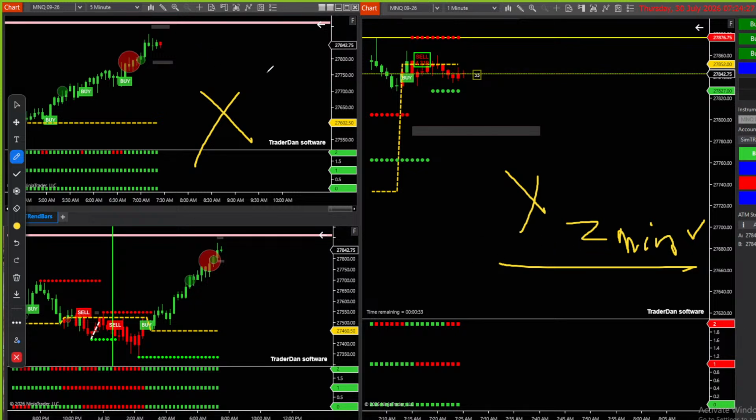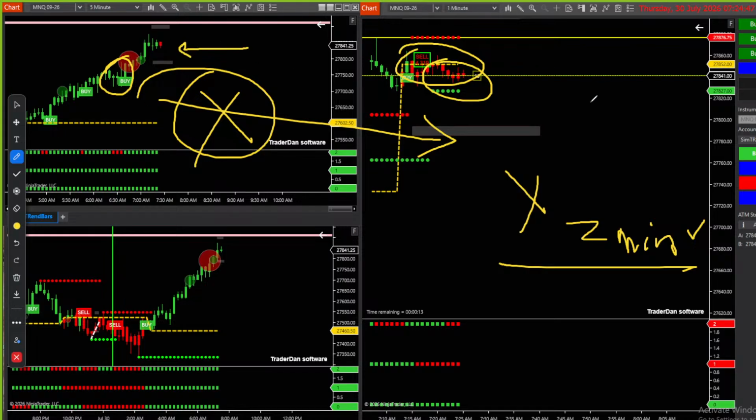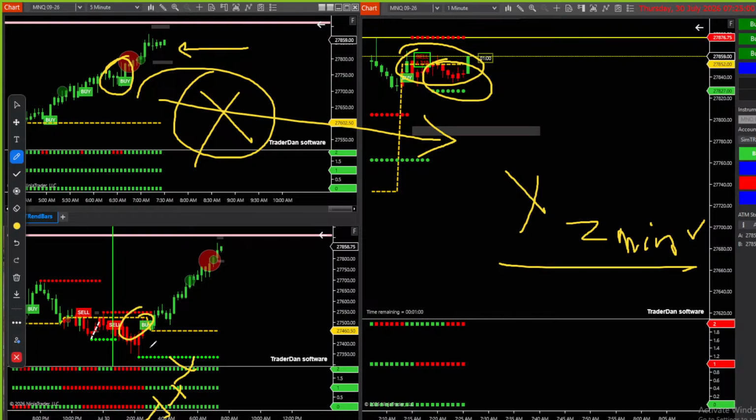Whatever the 5-minute says, you're going to be playing that signal on the 1-minute. If they disagree, meaning this is a buy and this says sell, I don't do anything. The 5-minute is usually a little bit stronger than the 1-minute or 2-minute time frame. You will only get the buys when all three of these appear green. Not every trade is the same.